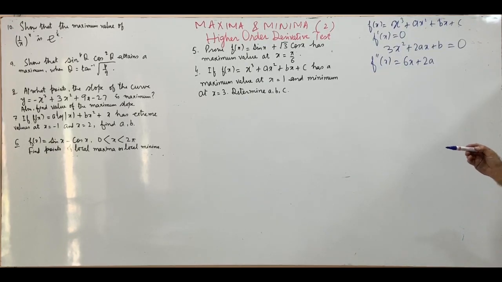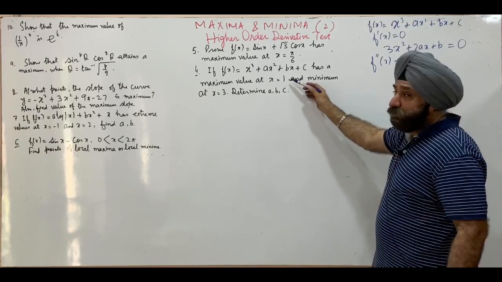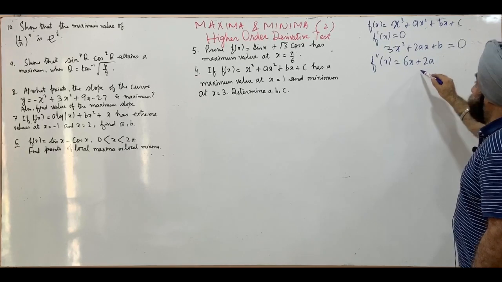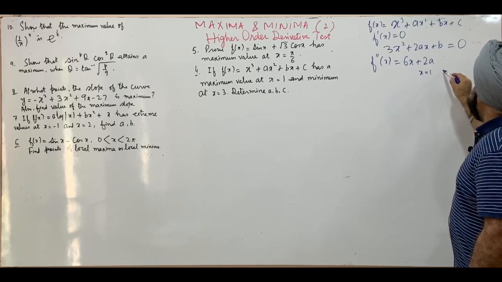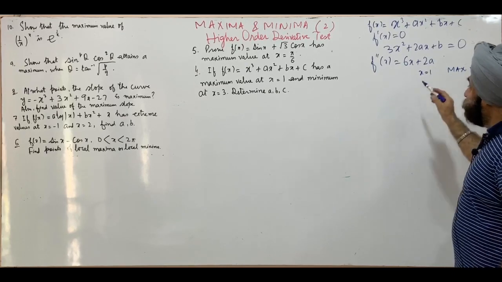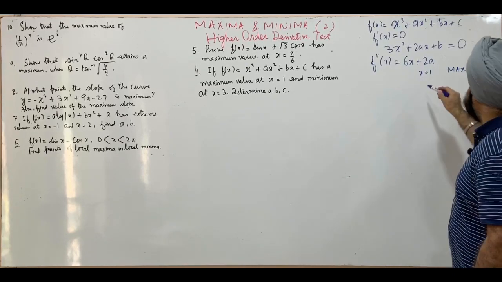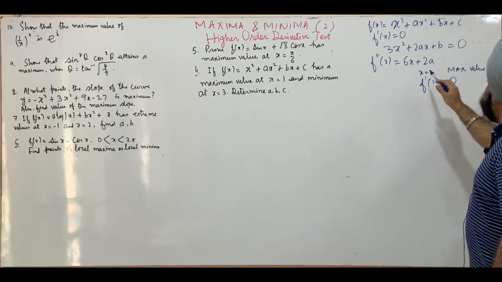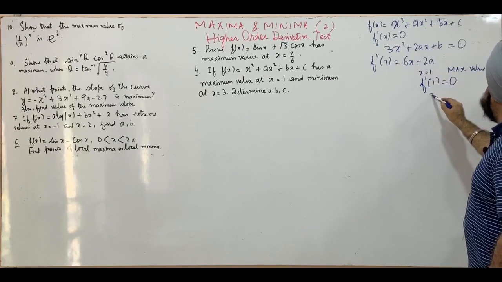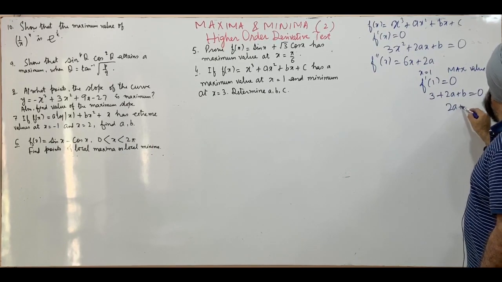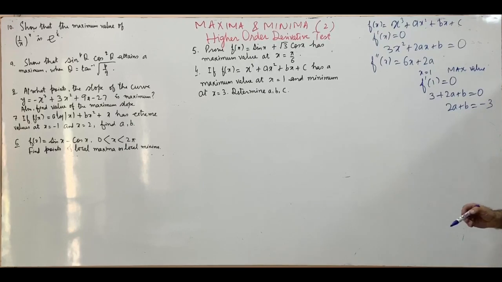Now we are given this has maximum value at x is equal to 1. So this is the first order derivative. At x is equal to 1, this function has maximum value. This means x is equal to 1 is the critical point. So that further means that f dash of 1 will be 0. So this is f dash of 1, this is 0, or 2a plus b is minus 3.